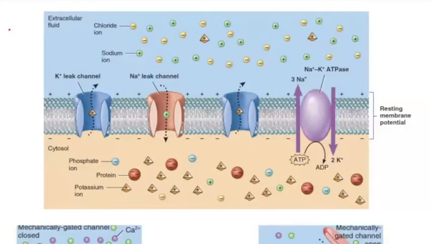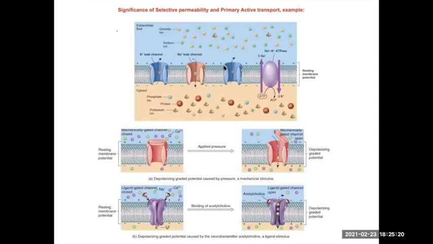Sodium's going to flood in there. When it does, it's going to cause what's called a depolarization event, right? And that's going to cause this signal of some sort or another. So you're storing a lot of energy, in part due to these pumps right here. And that's one of the main functions of this primary active transport.